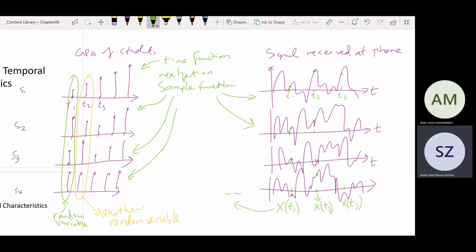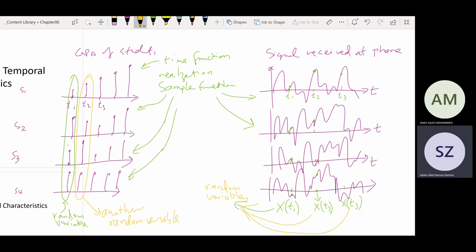All these are random variables: x1, x2, x3, and so on. So how many random variables do you have here? An uncountable number of random variables. Here, how many random variables do you have? Limited. So here it's discrete and limited. Here it's continuous and even uncountable.